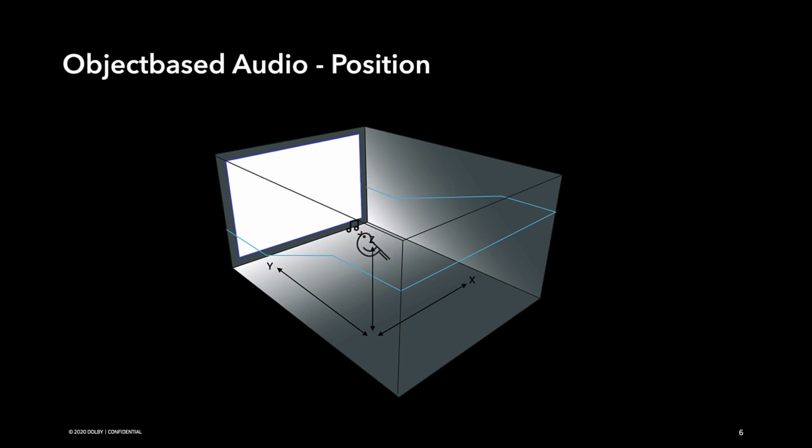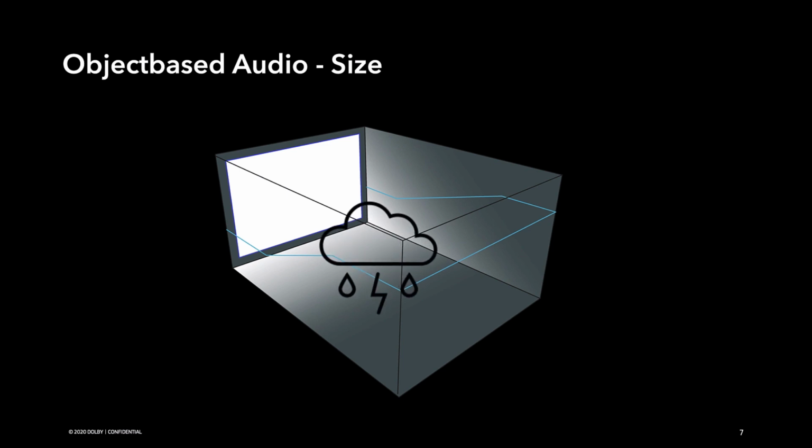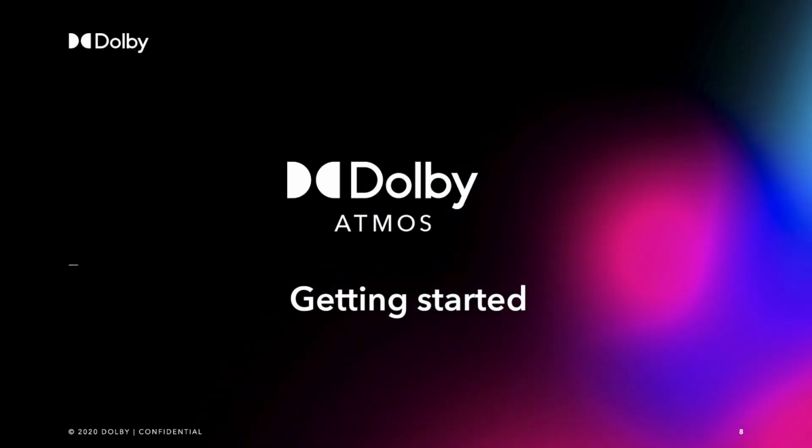You give them positions and movements in that room, and then our technology works in the background to make sure that these sounds will be reproduced in those locations where you put them. This is the basic idea. Eric will also talk a bit about these objects and how to use them creatively. You can also give objects a size, so you can expand them to cover a larger area of the room.